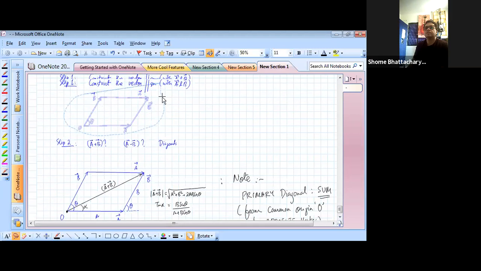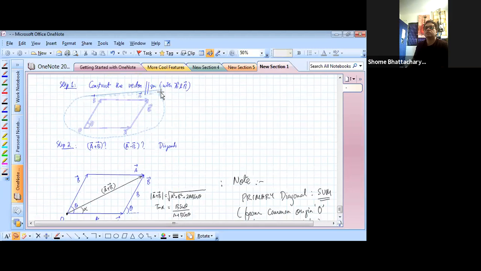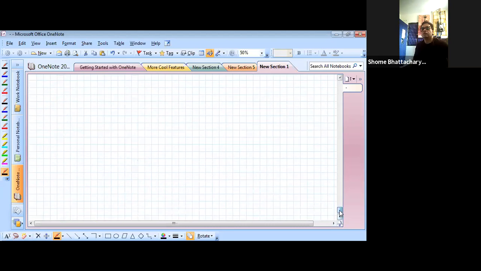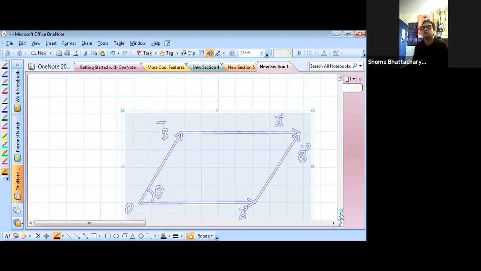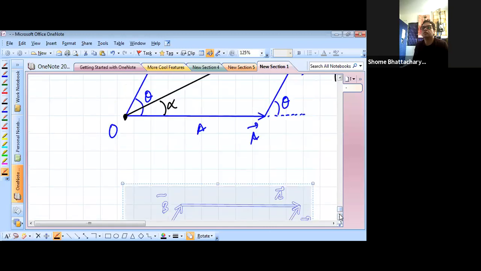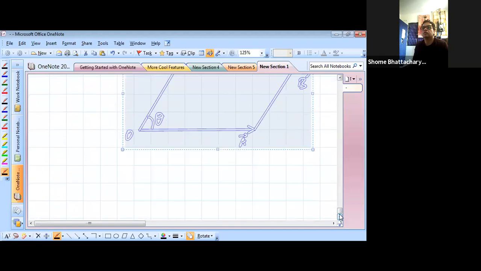Just to save a bit of time, let me pick this up. See if I can redraw it over here. So now in that same parallelogram, you can see that we can now do this operation. Just a moment.